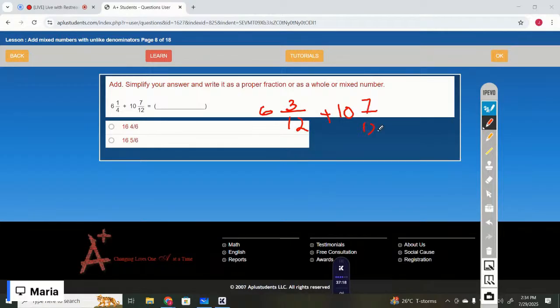Plus 10 whole 7 over 12. That is 16 whole 10 over 12.